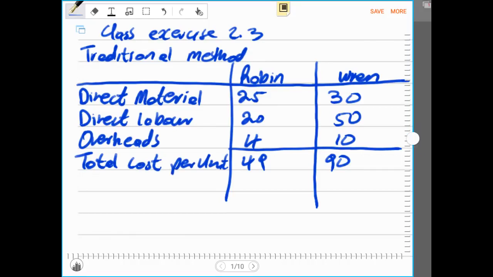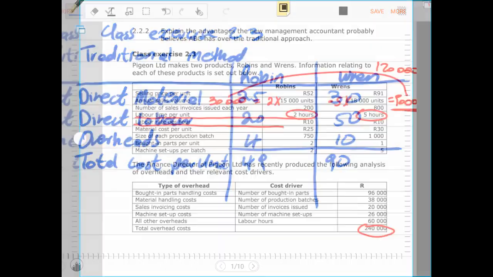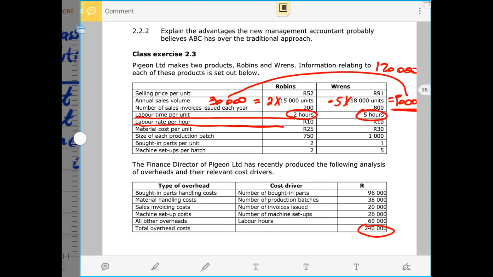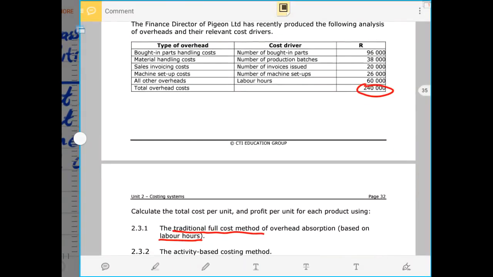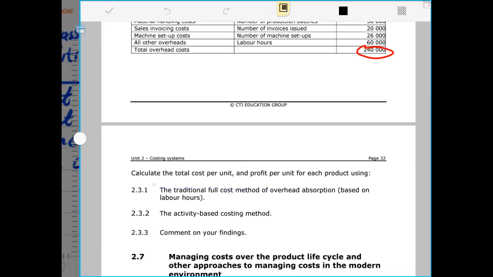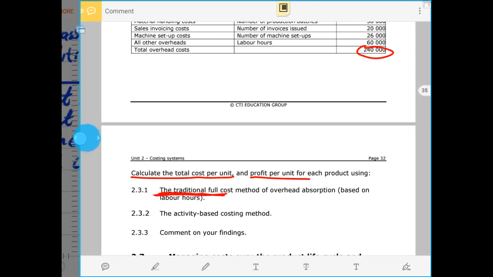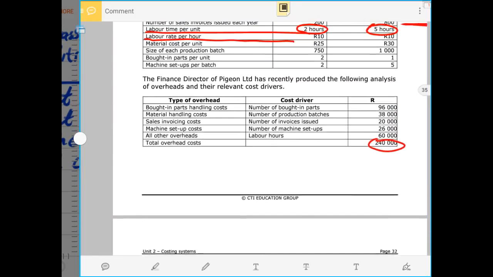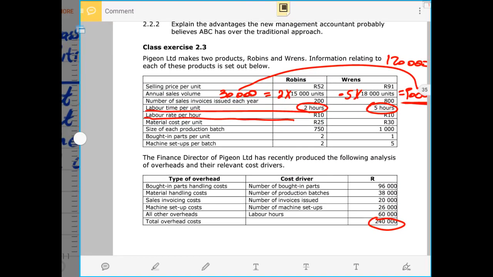Remember, the requirement was to calculate the profit. So now we need to know the selling price. It said calculate the total cost per unit and the profit per unit for each of the products using the traditional method. We have calculated the cost, and we need to know the selling price for each product.